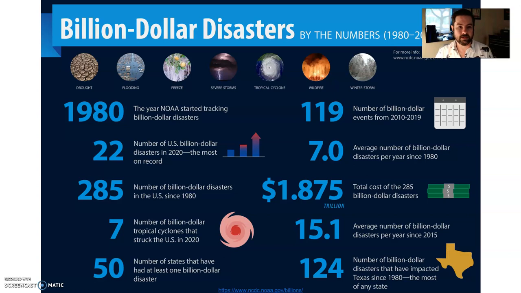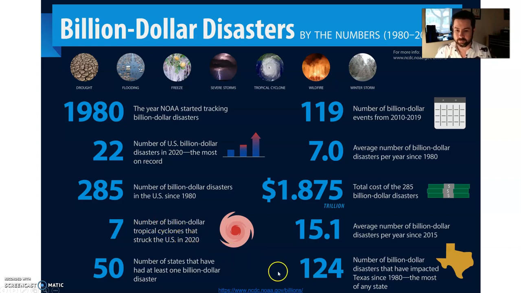Some numbers of what we've been looking at since 1980, so the past 40 years. In this past year, there were 22 billion-dollar events in 2020. That's the most ever on record. 7 tropical cyclones, hurricanes that cost $1 billion or more. That's the most on record.